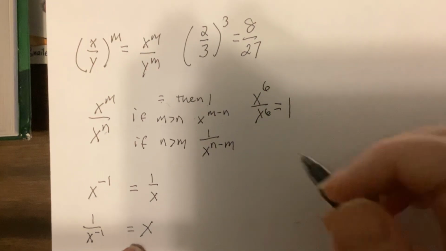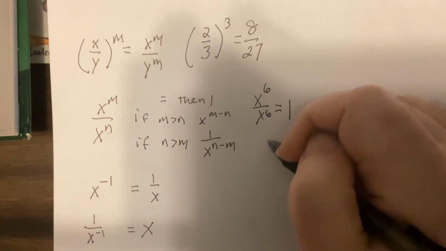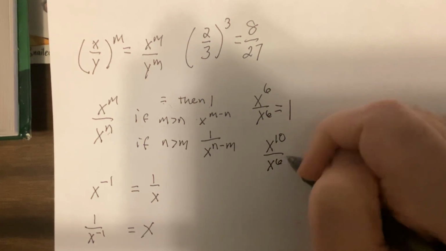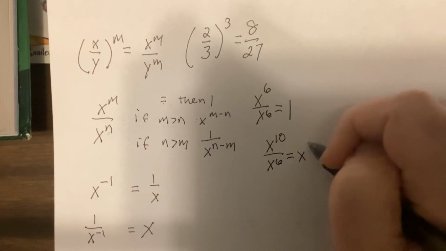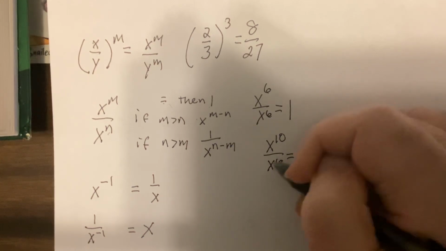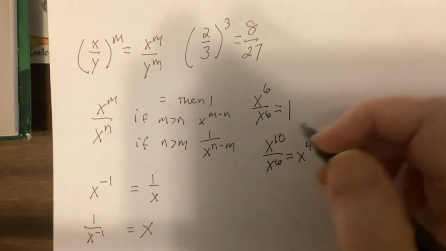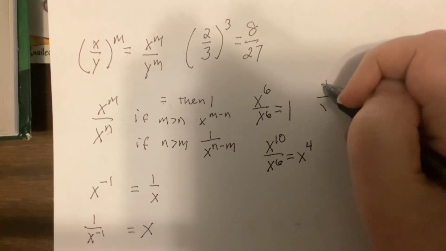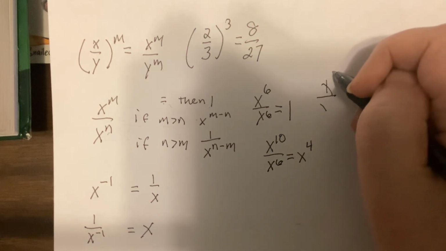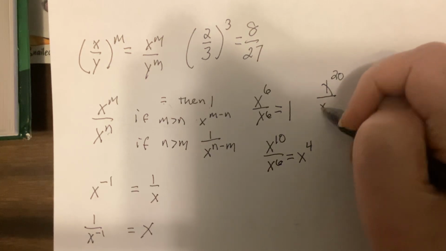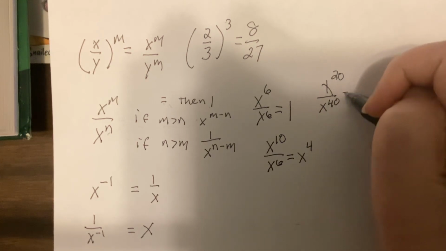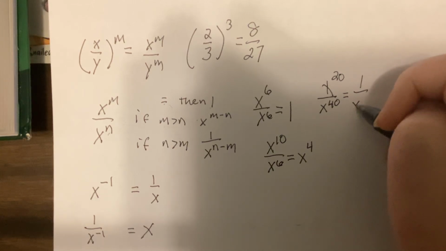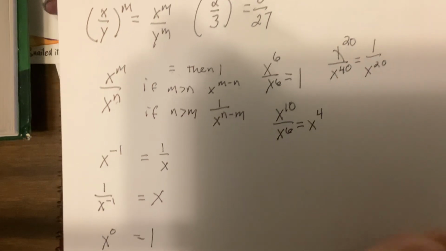If the top power is bigger, x to the 10th over x to the 6th is x to the 4th: 10 minus 6, 6 of these cancel with 6 of these. And if the bottom power is bigger, x to the 20th over x to the 40th, it'd be 1 over x to the 20th.